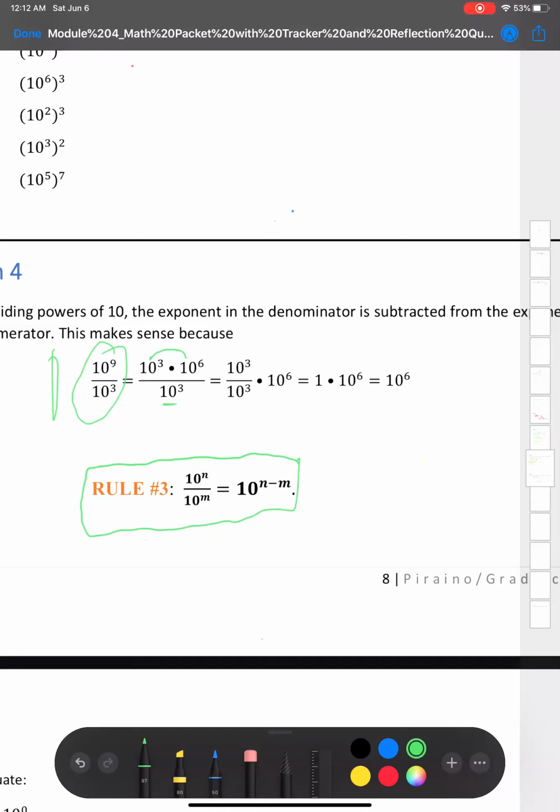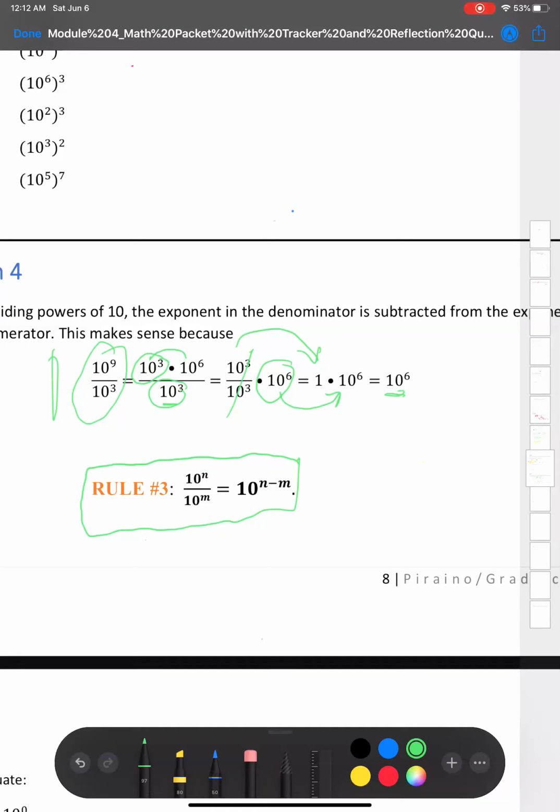As you can see, the 10 to the 3rd power divided by 10 to the 3rd power, those two cancel and they become 1, right? And then all we have left is 10 to the 6th power. So the answer is 10 to the 6th power.